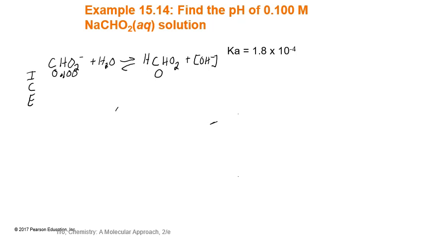Our initial concentration of the formic acid is 0, and so is the hydroxide. Our change is going to be minus X for the formate, plus X for the formic acid, plus X for the hydroxide, and at equilibrium, again, we just add down the column.